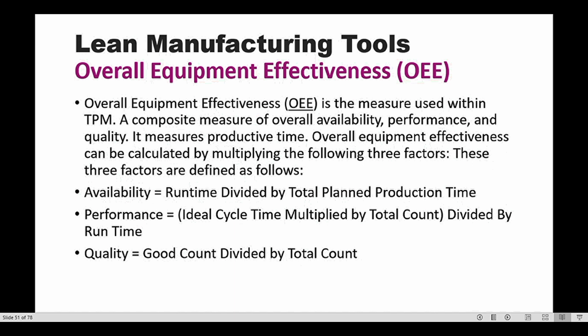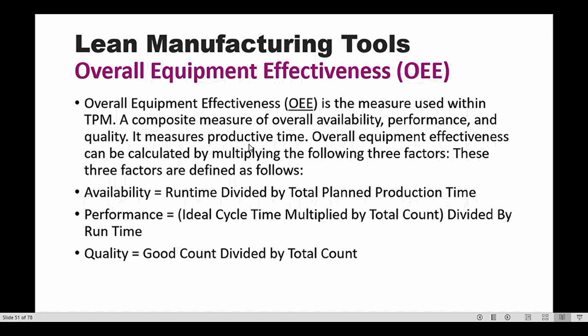Overall equipment effectiveness is the measure used within TPM, total productive maintenance, a composite measure of overall availability, performance, and quality.